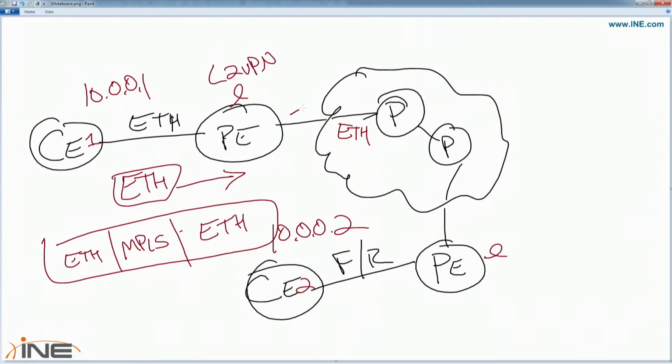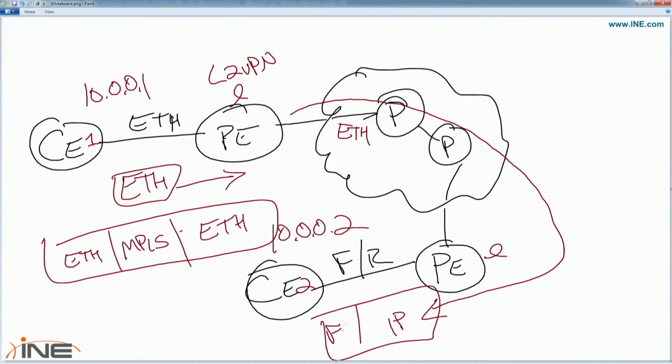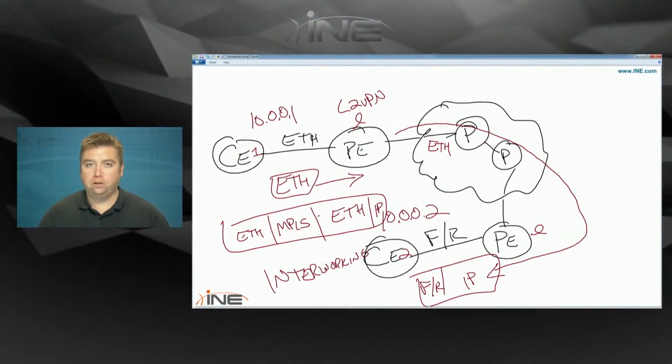Then when it goes to the other end, it gets decapsulated and it's going to be whatever your IP packet is inside of frame relay. So the IP packet would be inside Ethernet. This is called layer 2 VPN interworking, where you're basically translating between the encapsulations, but you're doing it at layer 2.